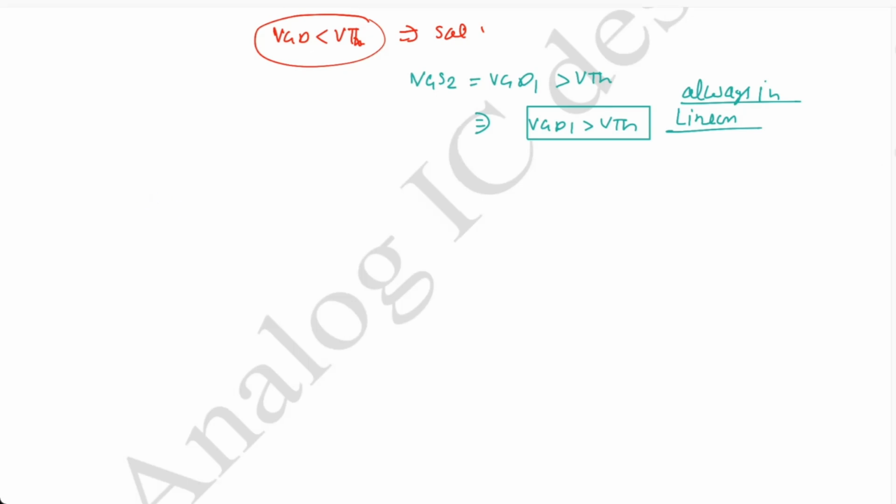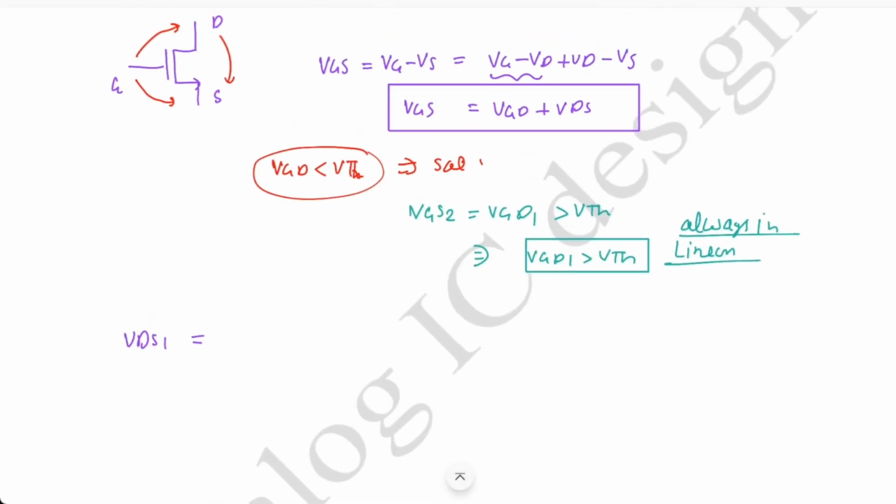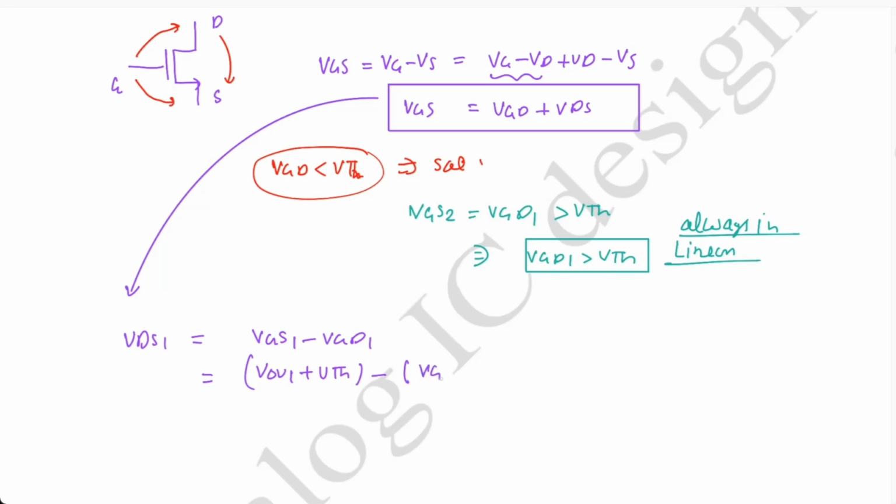So what will be the VDS1? From this KVL, VDS1 will be VGS1 minus VGD1. VGS1 will be Vov1 plus VTH, and VGD1 is VGS2. So this will be Vov1 plus VTH minus Vov2 minus VTH.